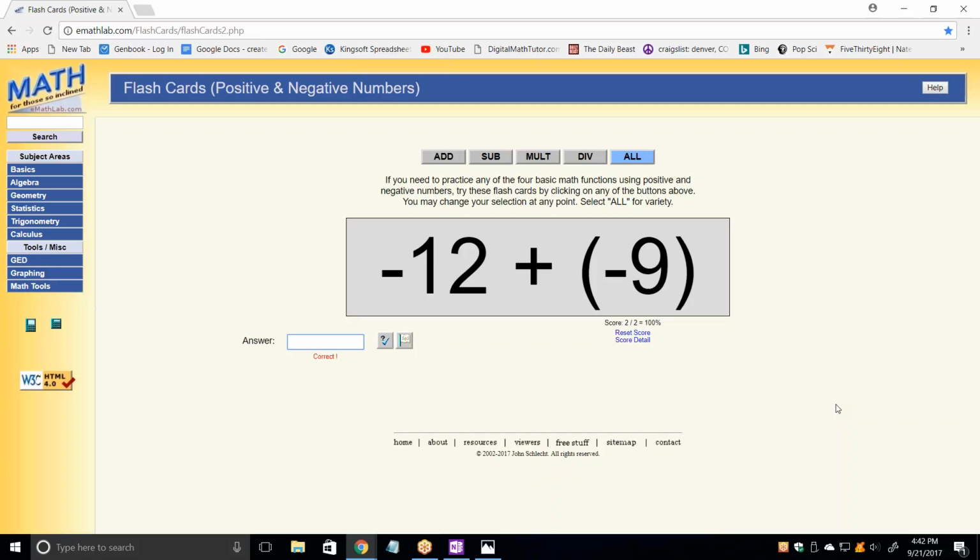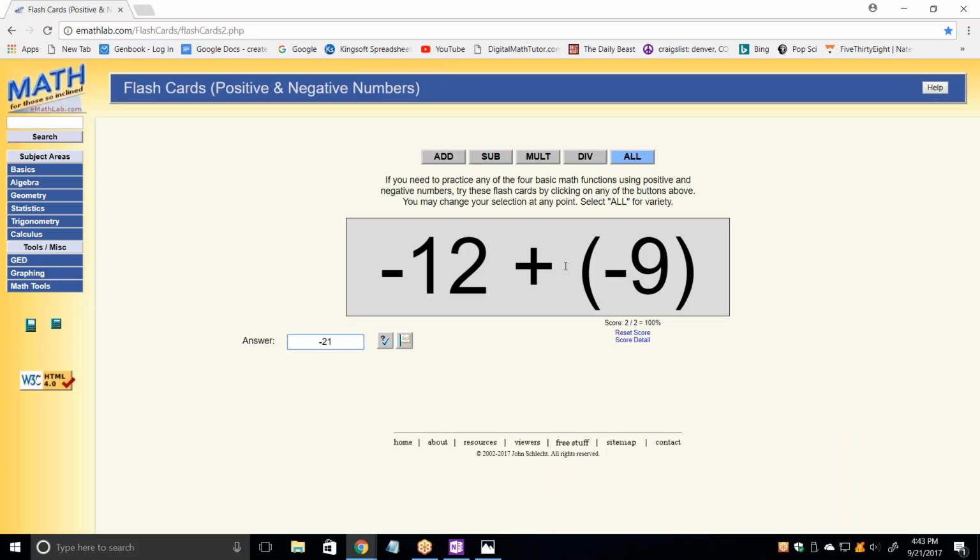So, negative 11, I think. No. Negative 12 plus negative 9. Okay, so. When you add two negative numbers together, just add the two numbers and then put a negative sign in front of it. So it's negative 21. In other words, 12 plus 9 is 21.